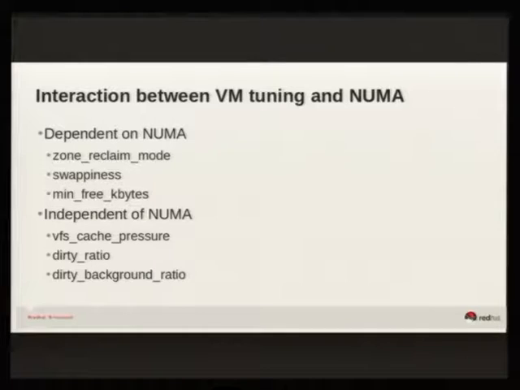I don't know how many people in here have messed around with some of these tuning parameters, but these three depend on NUMA, or they interact with NUMA, I should say, where the independent ones, like vfs_cache_pressure and the two dirty ratios that control write back, are system-wide. They don't really depend or have an interaction with NUMA at all.